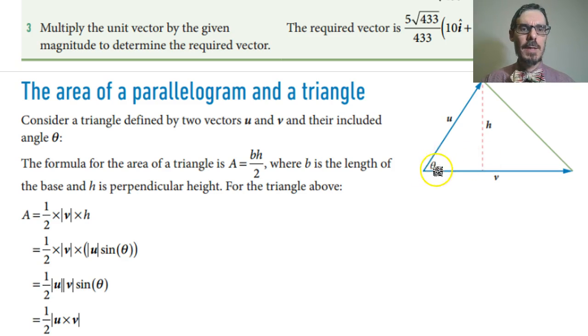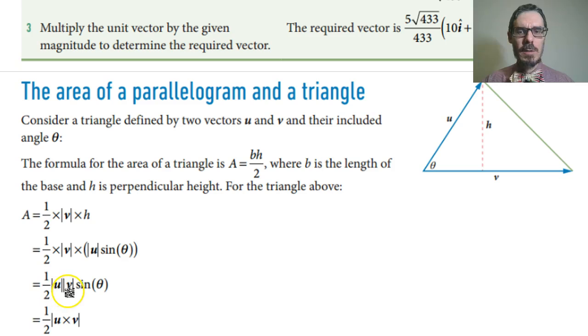Well, if I know this angle theta, then the height is U sine theta, because that's opposite theta. So, the area of this triangle is a half times the base, which is the length of V, times the height. And the height is the length of U times sine theta. Which means the area is a half the length of U, the length of V, sine theta.